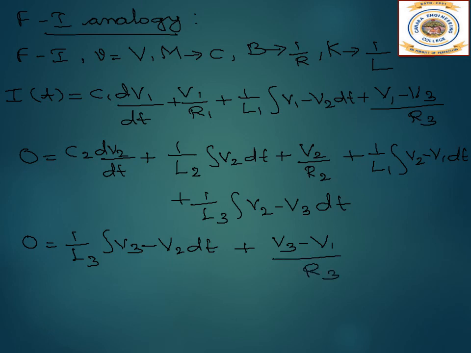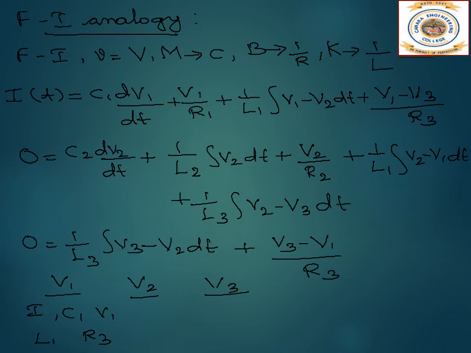Now let us just write. Here we have node voltages. So V1, V2 and V3. Equation 1, equation 2, equation 3 for this. So V1 will have I, then C1 and R1, right? L1 and R3. So this will be common terms, L1 and R3.